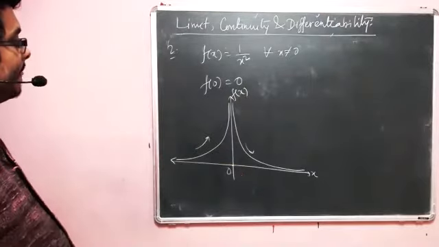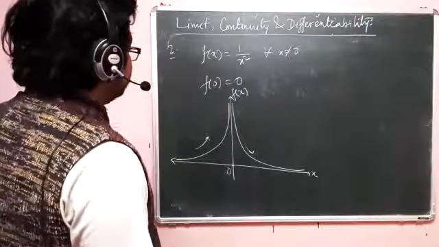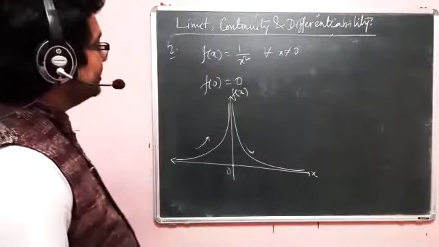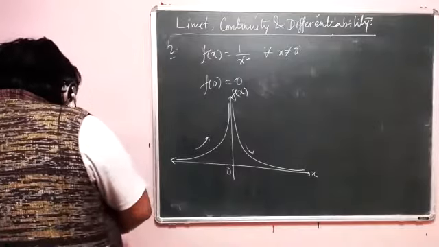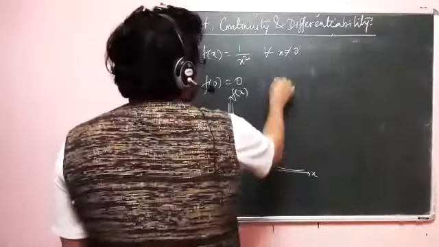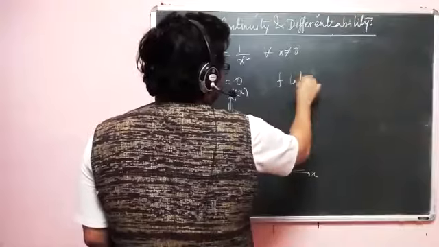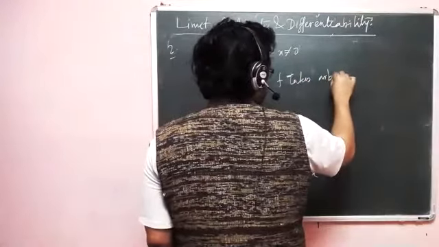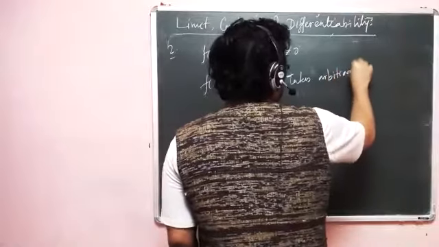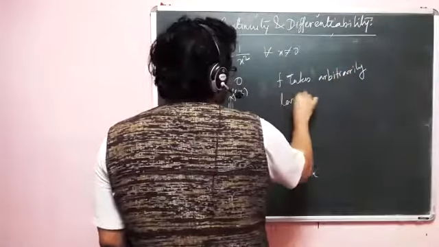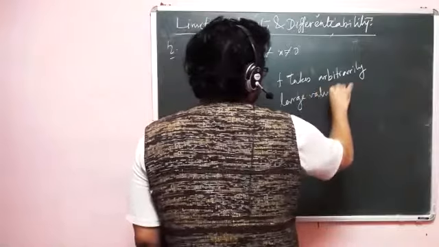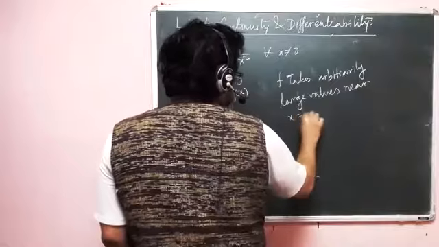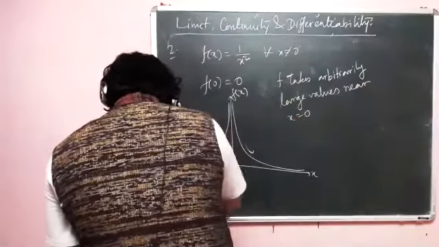Now if I look at the function, it's easy to derive actually, but I realize that f takes arbitrarily large values near x equals 0.